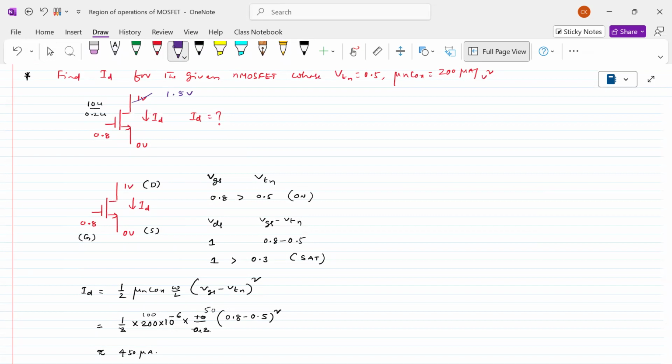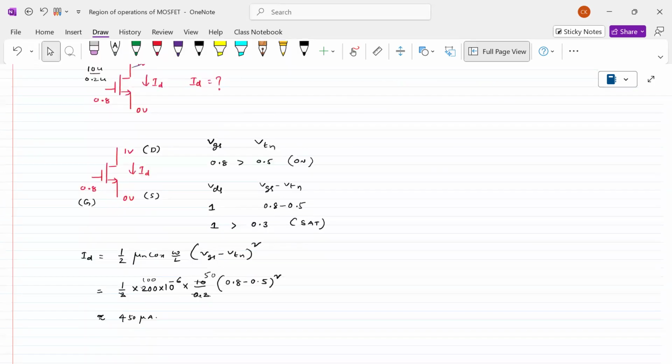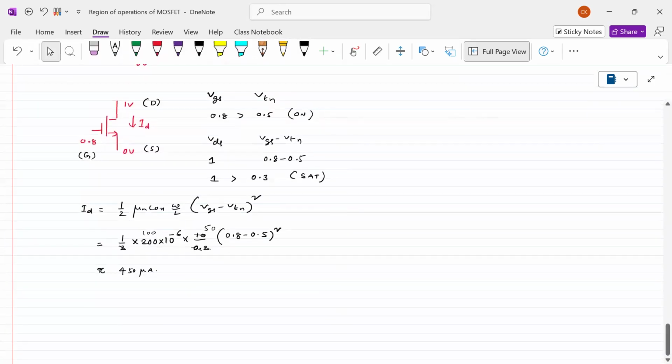If I change the drain potential from 1 volt to 1.5 volts, what is the ID current? What will happen? It's the same, right? Why is it so? It is in the saturation region.